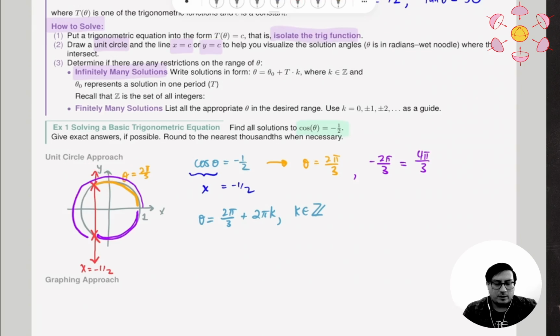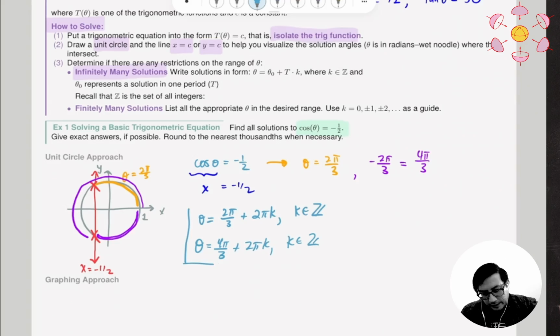Now, if I want to include all of my solutions for this part, then I'm going to say, okay, theta can equal 4 pi over 3 plus 2 pi k, k belongs to Z. If you instead chose to write negative 2 pi over 3, that's a perfectly acceptable answer as well.